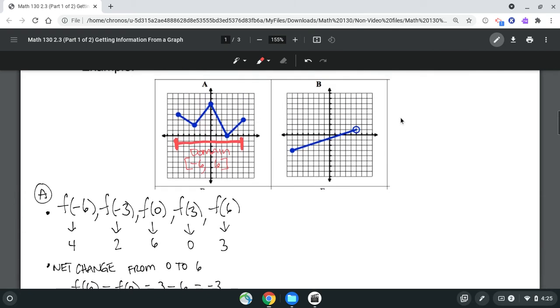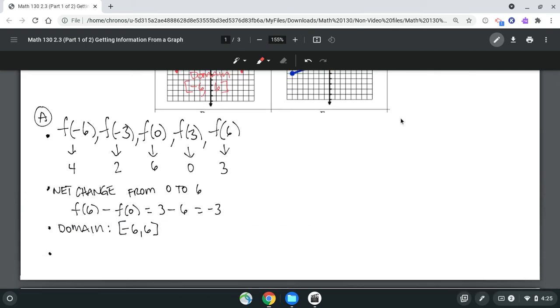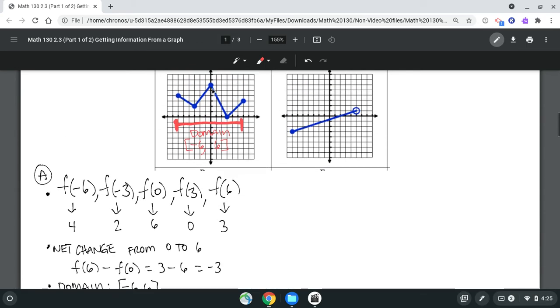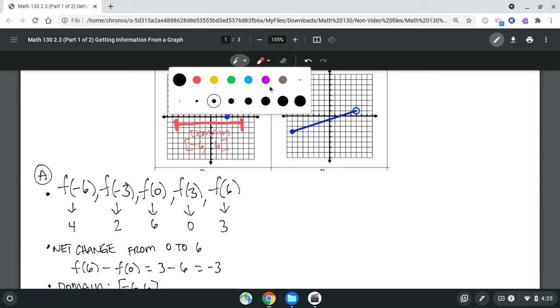Okay. All right, range. Let's go ahead and find the range. Let me write that down here. Okay, so the range of this graph here. So again, let's use a different color. I will use purple.